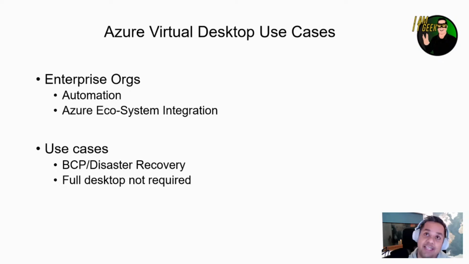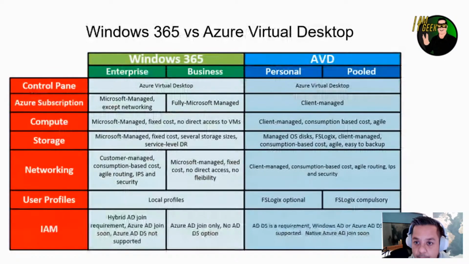You might have seen this slide in other places. I've created a little version of it myself. I hope everyone can see that. So, Windows 365 versus Azure Virtual Desktop. On the far left in red, we've got the various services: control plane, subscription, compute, storage, networking, user profiles, IAM.